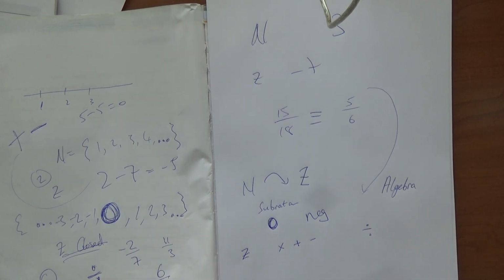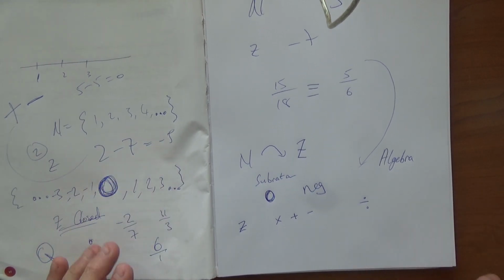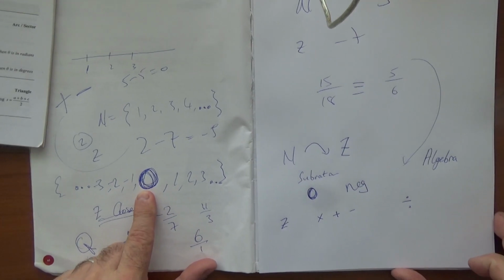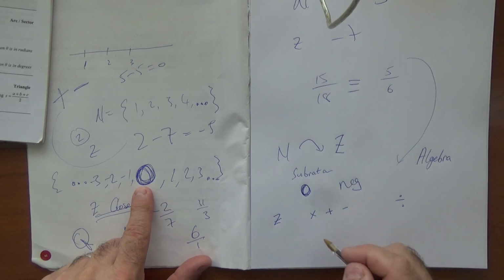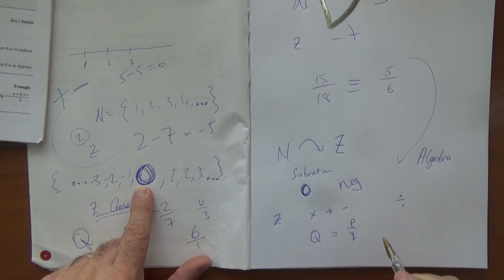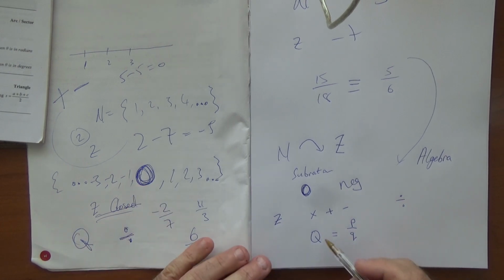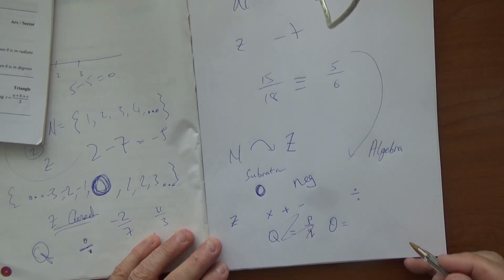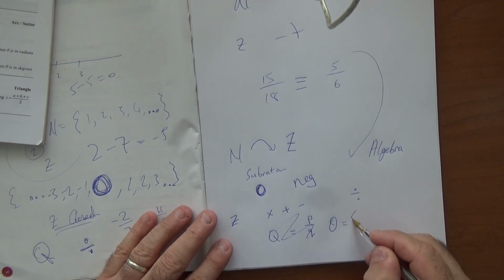Now, there's one elephant in the room, and that is you're not allowed to divide by 0. Okay? So when we're describing Q, there are two ways you'll see it written. Using set notation, we say Q is equal to, let me see, can I get this right?